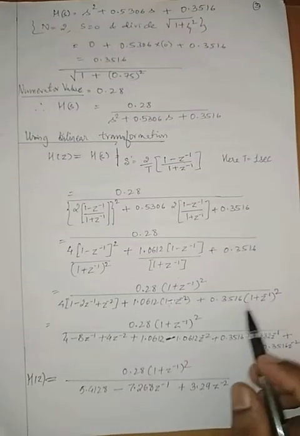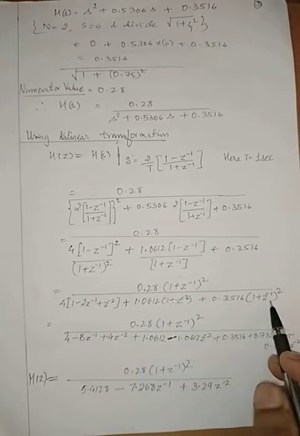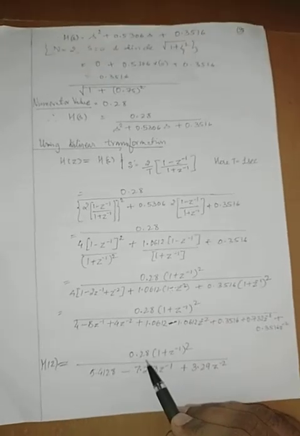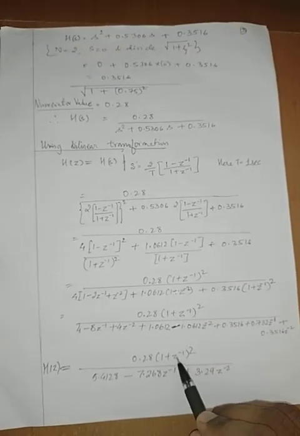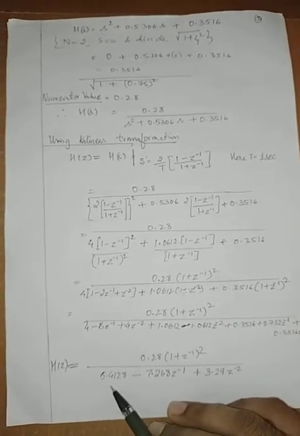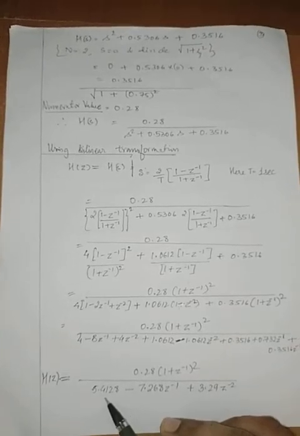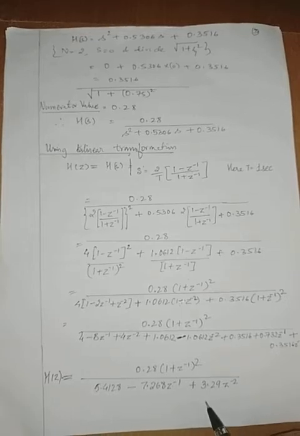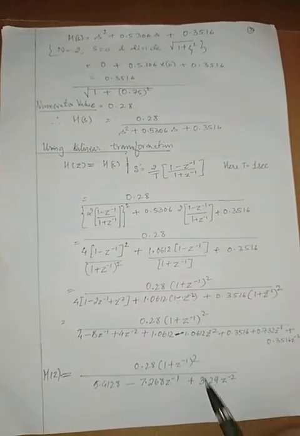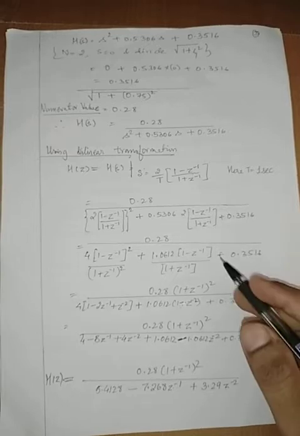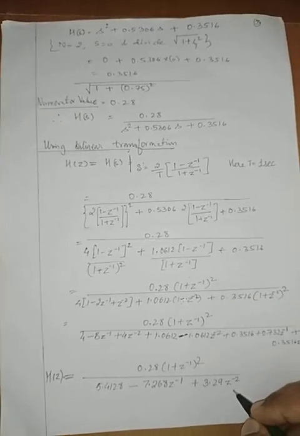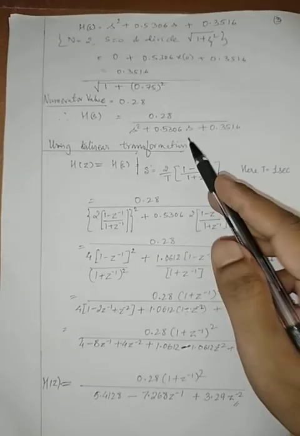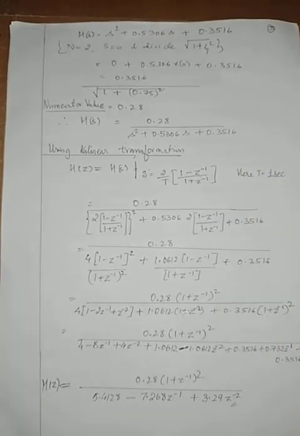Again simplify this as (a + b) the whole squared, multiply everything and you get the final answer as 0.28 into (1 + z^-1) the whole squared divided by 5.4128 minus 7.268 z^-1 plus 3.29 z^-2. So this is how you have to simplify and get the answer. So this is the answer for a digital Chebyshev filter using the bilinear transformation technique.